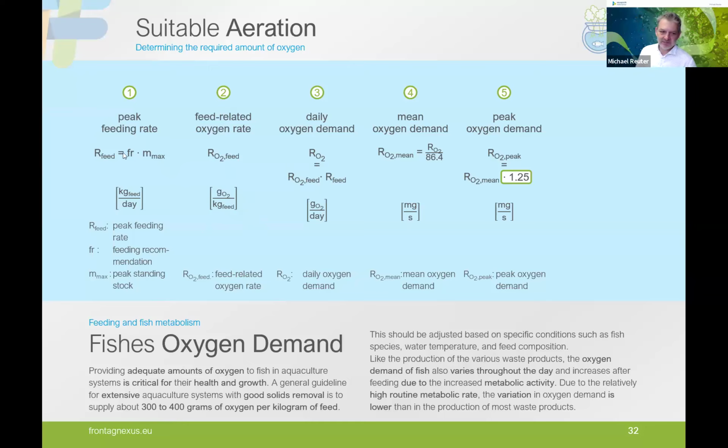So we will have the same as before: peak feeding rate, feed-related oxygen rate that we would need to provide to the fish. Then we can calculate a daily mean oxygen demand, and then again, with respect to the metabolism and the changes over the day, a peak oxygen demand that we will design our system for.